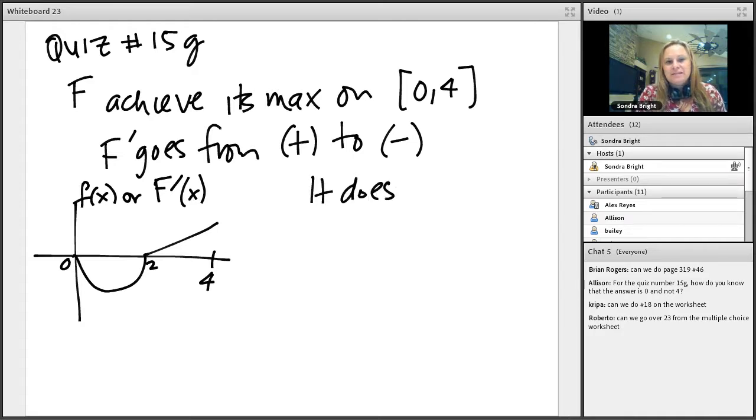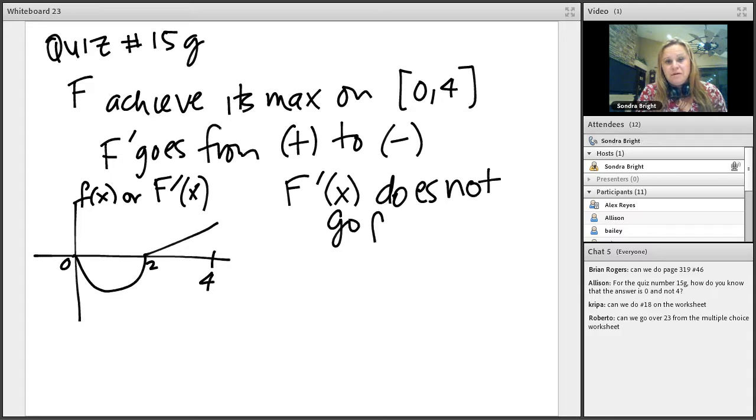Well, it doesn't happen, right? Let me rephrase that. F prime of x does not go from positive to a negative.